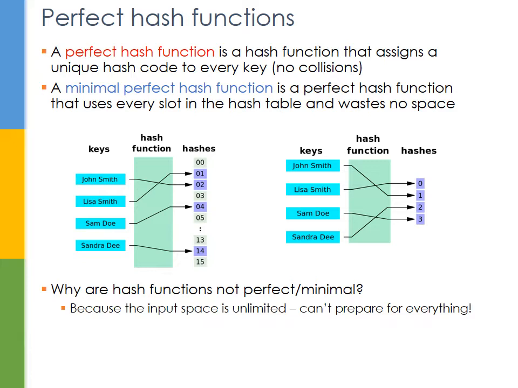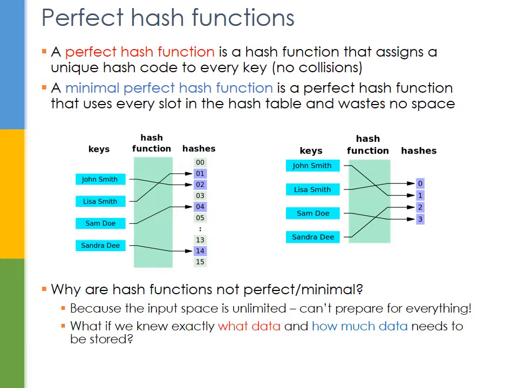So clearly trying to fit infinity into something finite will never work ideally, will never work perfectly because you don't really know what's coming, therefore you can't prepare for any eventuality. Thus, just because you can't foresee any possible input, you typically cannot design that perfect hash that will guarantee no clashes.